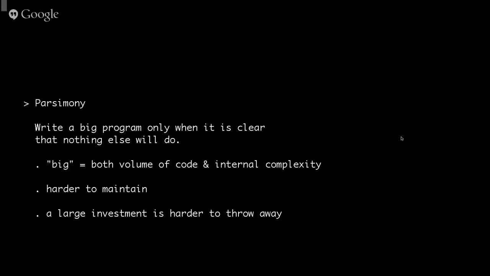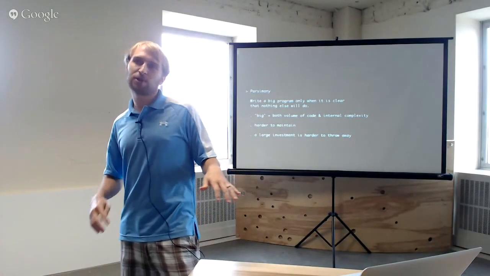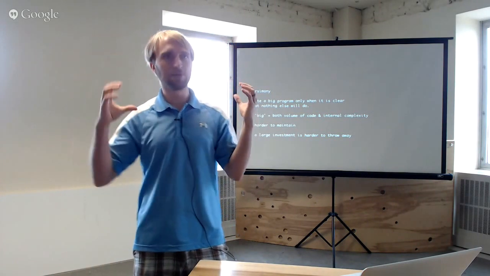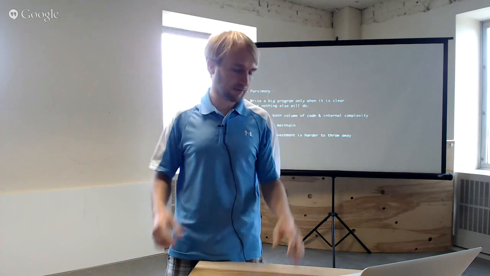This is kind of redundant with some of the other points, but it's a distinct point. It gets harder to maintain. And also, if you have a large body of code, it's going to be a lot harder emotionally to throw it away and start over. So when you can, do more thinking so that you can have less code.